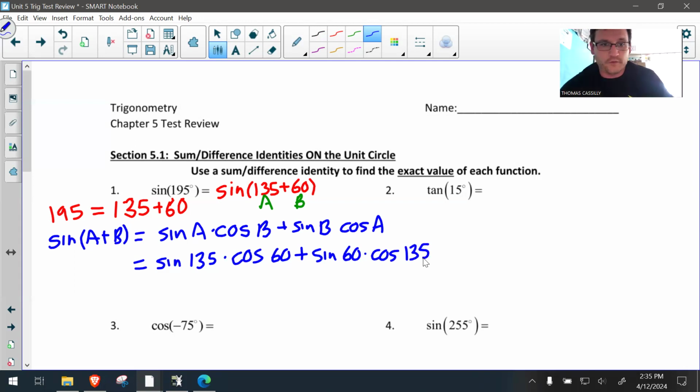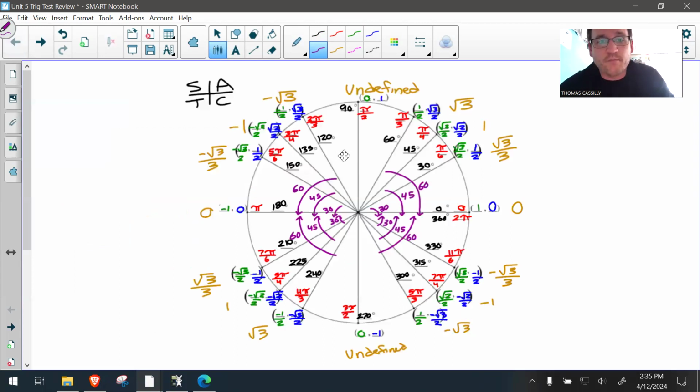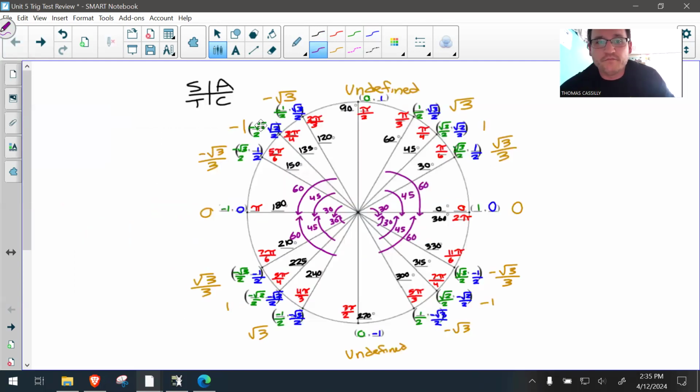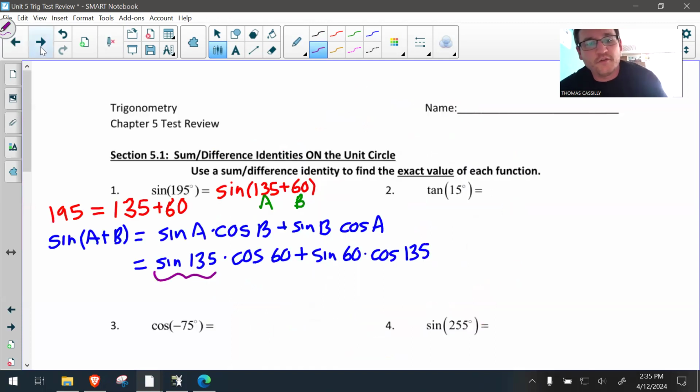And the whole purpose is the sine of 135, right? This is a value that we can find on the unit circle, right? So you should ideally have this memorized. If not, it's not the end of the world. So the sine of 135, that's going to be the second value here. So that's the square root of 2 over 2.